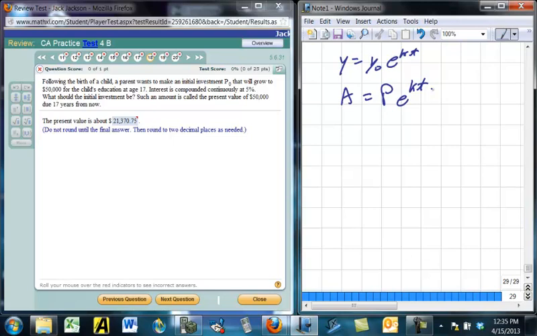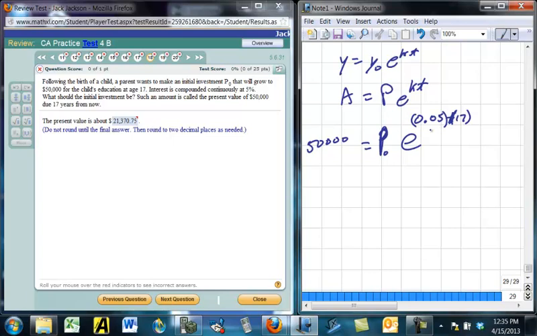It's compounded continuously at 5%, so k is 0.05. The initial investment is P0, or just P. That's what we're looking for. And we want it to be $50,000 when t is 17 years.